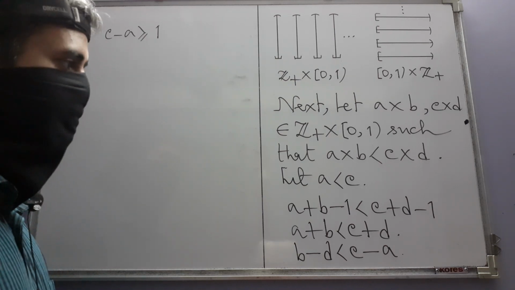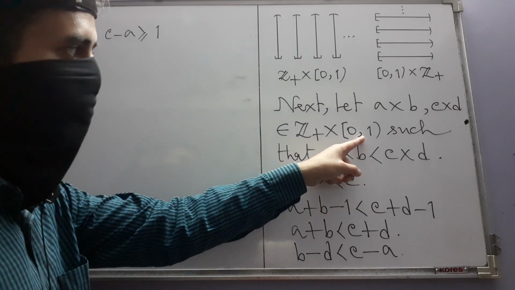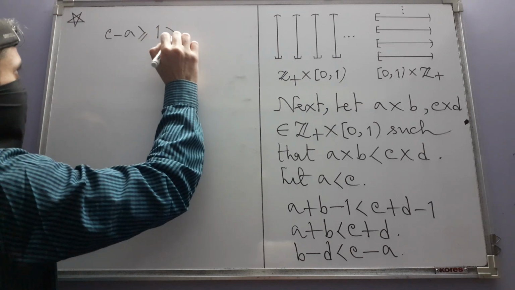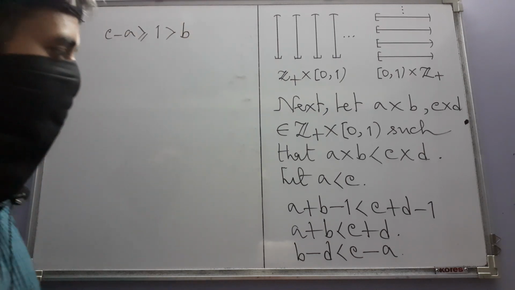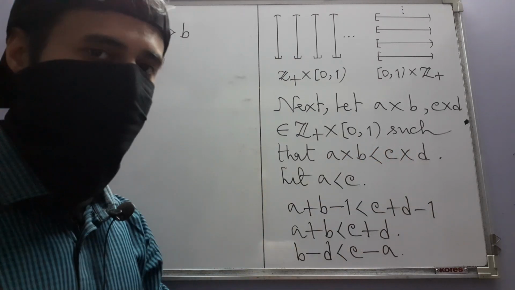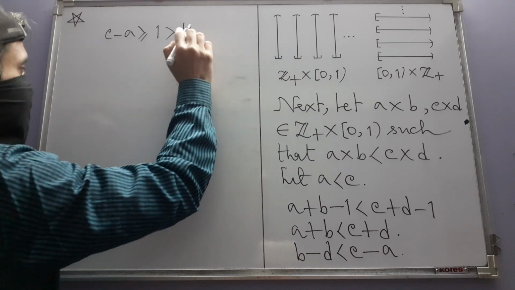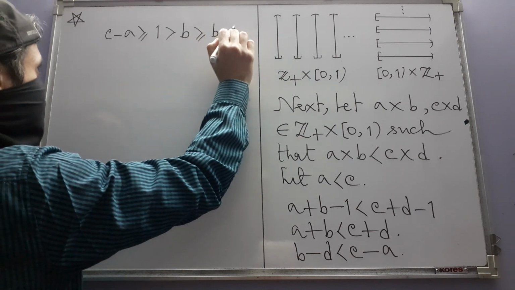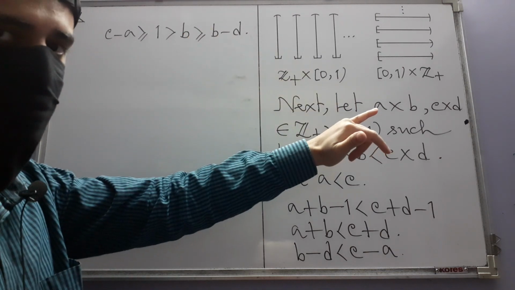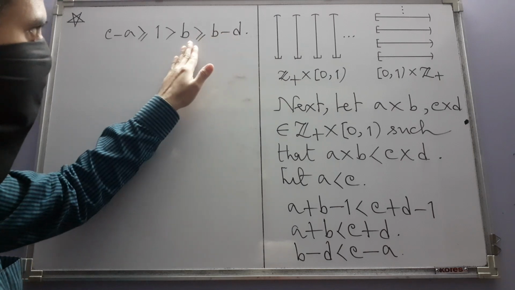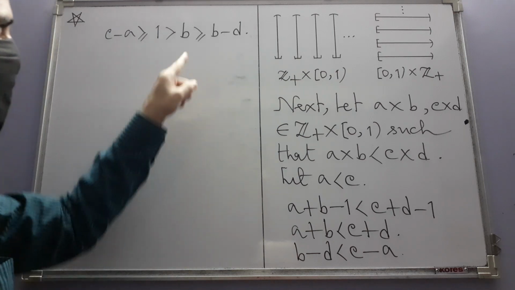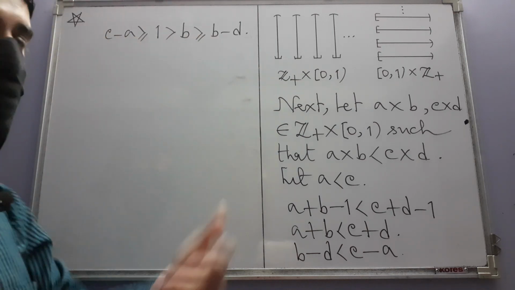We also know something else, because B is coming from here, D is also coming from there, but because B is coming from here, B is less than 1. And since D is also coming from here, D is greater than or equal to 0. D is non-negative. So, subtracting D from B will likely reduce it or keep it the same. If D is 0, then this is just B. If D is greater than 0, then this is less than B. In general, this is less than or equal to B. So that's how we have our thing.